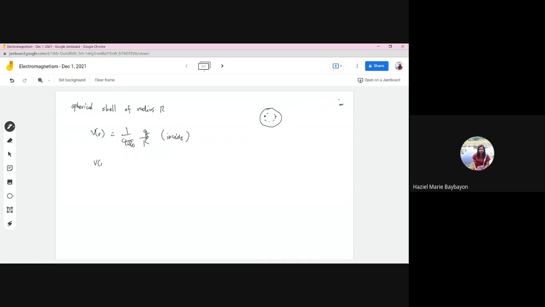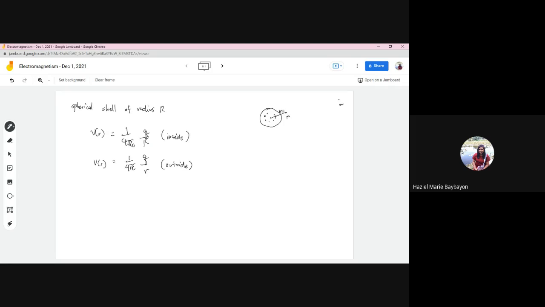For points outside, say for example here, if you want to take this charge here to point P, then V of R is equal to 1 over 4 pi epsilon naught Q over R. So your capital R here is the radius of the shell, and then your small r is the location of the point P. So from the center to here, this is your r.